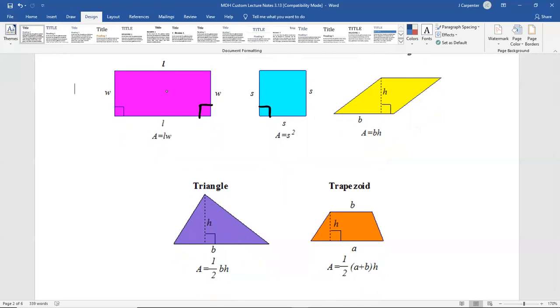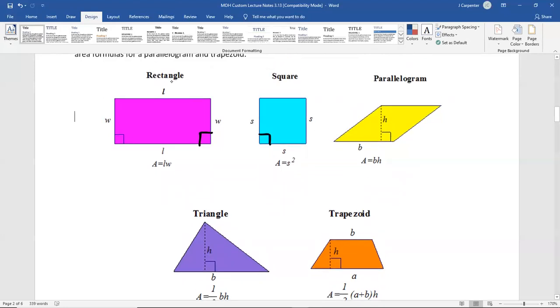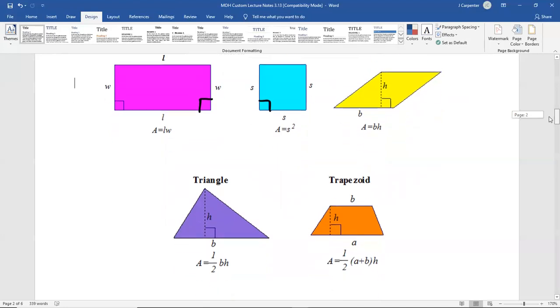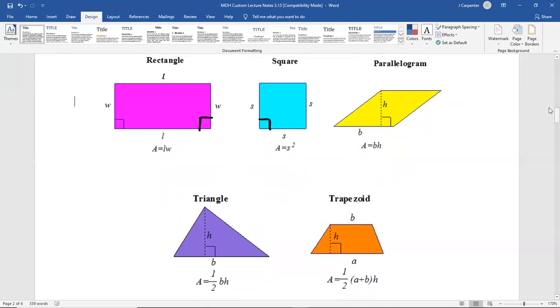Trapezoids, I'm skipping one for a second. Trapezoids are another type of what we call quadrilateral, meaning 4 sides. So all of these things right here, all 4 of these, except for the triangle, that's 3 sides, are all kind of subcategories of each other.